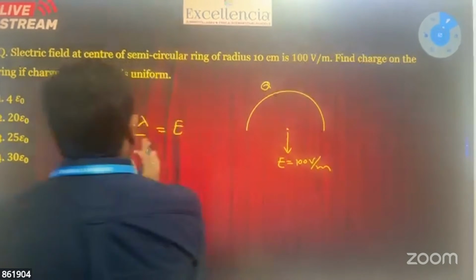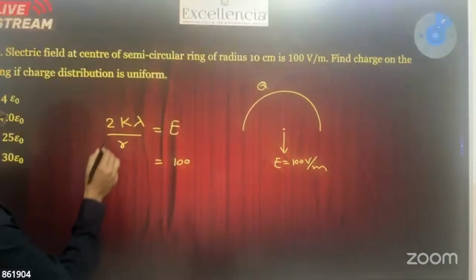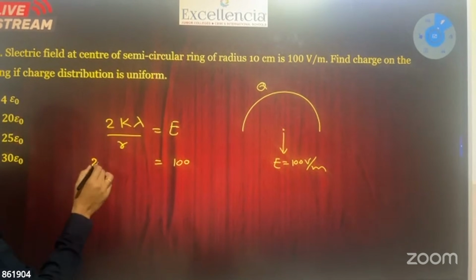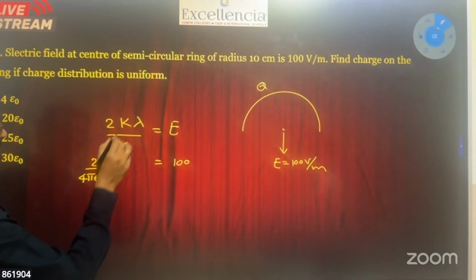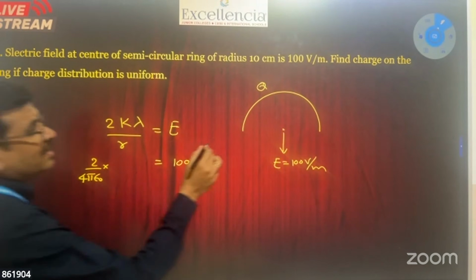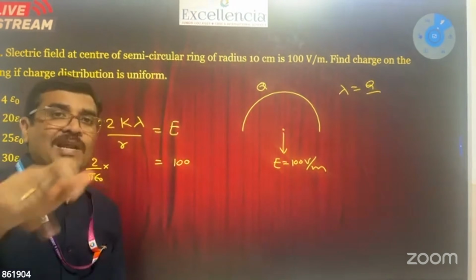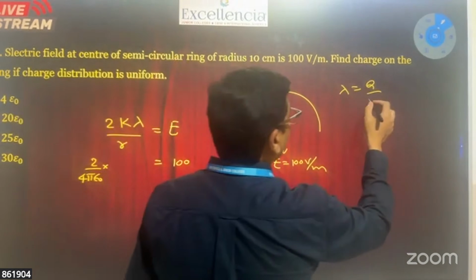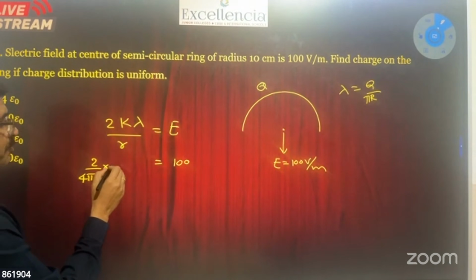So I'll take the value of E given, 100 volt per meter, and since it's given in epsilon naught, I'll consider 1 by 4 pi epsilon naught times lambda. Here lambda is the total charge distributed on the total length. So the length here is pi r because it's a semicircle.